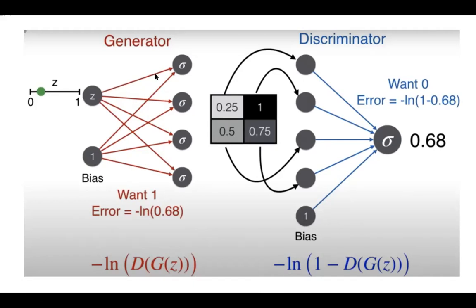This will give dE, the derivative of E with respect to each of the weights, and it will update the weights accordingly. And then the process goes on and on until the generator and discriminator are both very good at their own tasks.